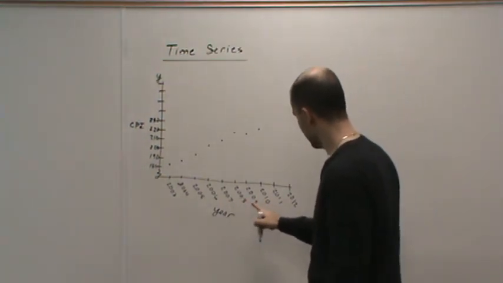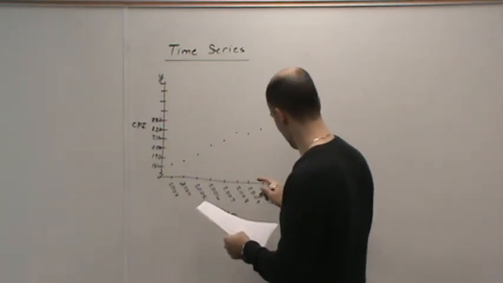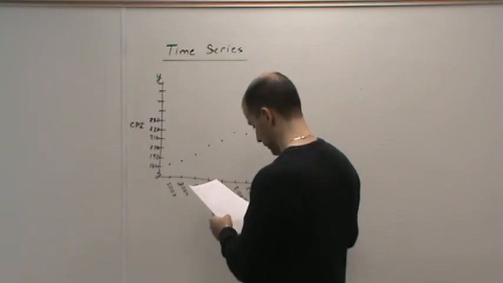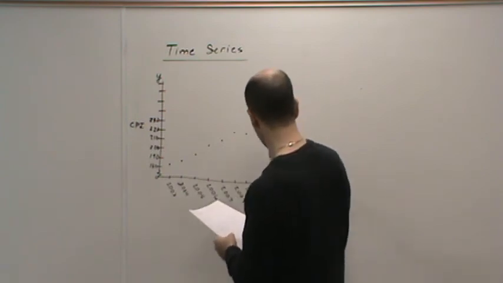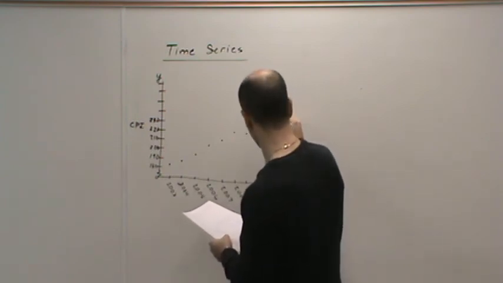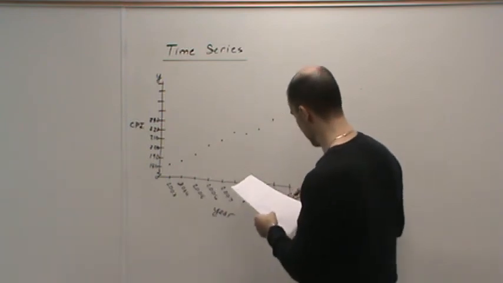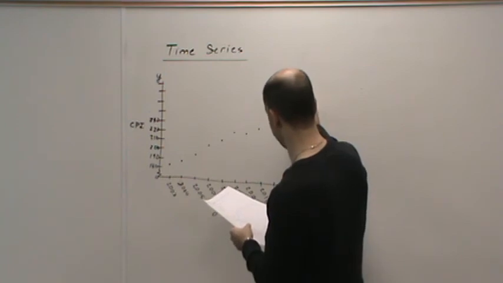Okay, so now I know I'm right. So now 224.93, so about 225, is right about there. And then 229, so almost 230, and that's going to be right about there.